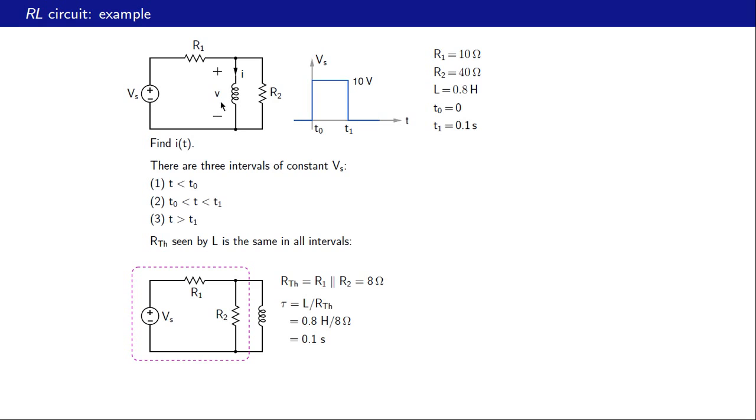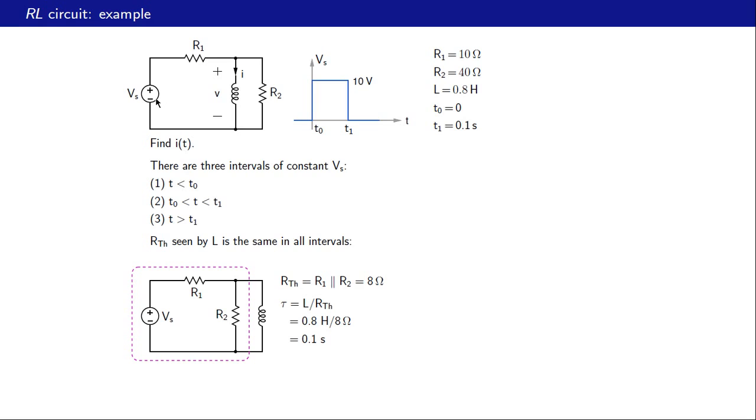If V is 0, the voltage across R2 is 0. That means no current can flow through R2. So the current path that we have is like this. And since this voltage drop is 0, the current I must be Vs divided by R1.